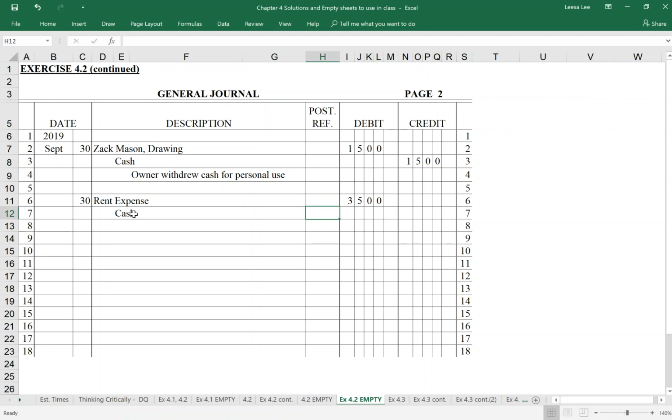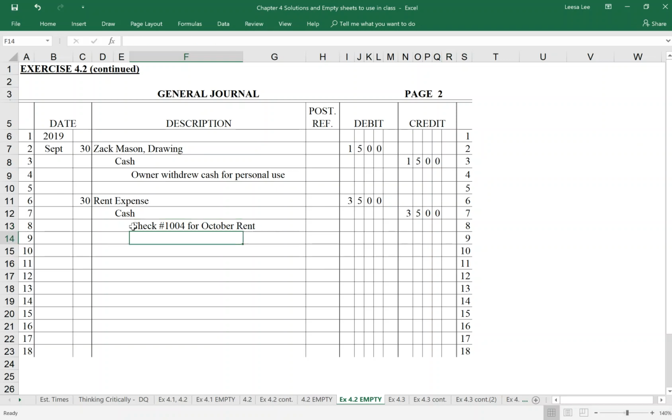And cash. And a notation. Check number 1004 for October rent.